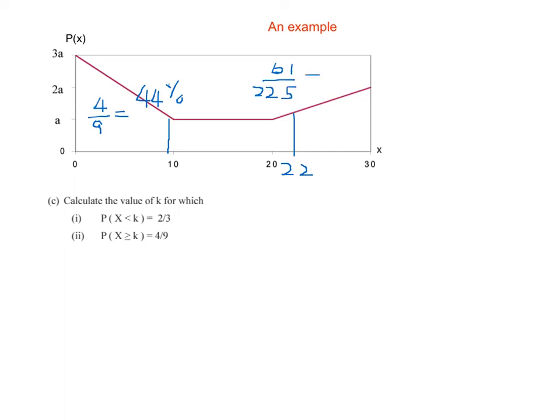And this is roughly 27.1%. So in other words, 2 over 3 is approximately 67%, 0.67.